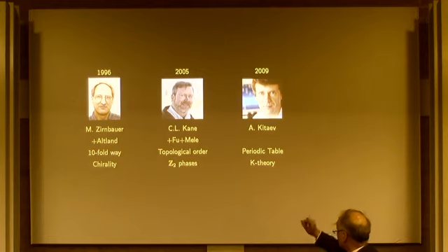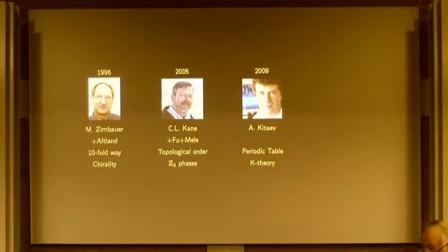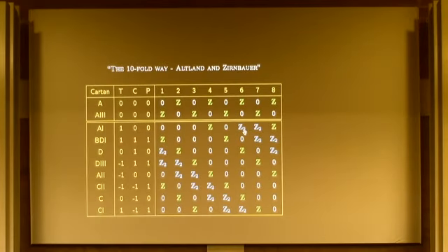But the sort of climax of all this was a paper by Kitaev in 2009, in which he showed that everything could be fitted together, that 10 is equal to 2 plus 8. 2 is the periodicity of complex K-theory, and 8 is the periodicity of real K-theory. And you get this kind of table.